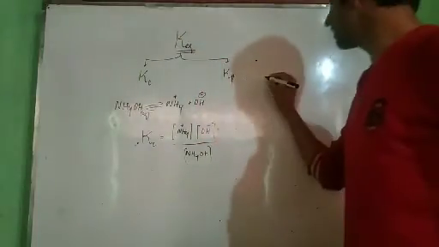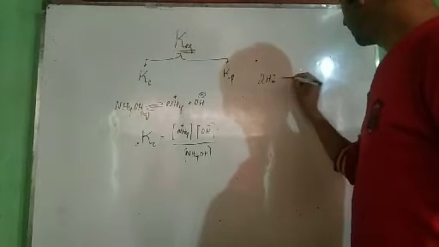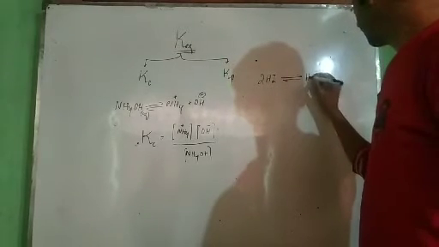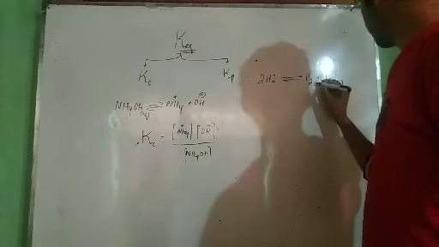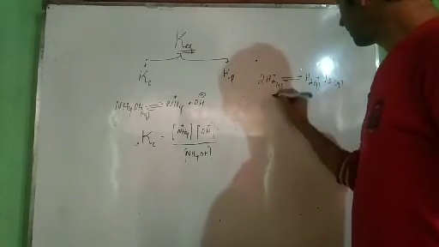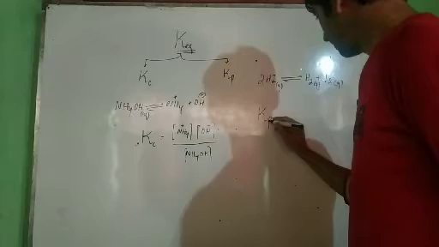Now, if we have a gaseous reaction, for example, 2HI, it decomposes to give H2 plus I2. All of these species are gases. Then the equilibrium constant of this reaction can be written as Kp.